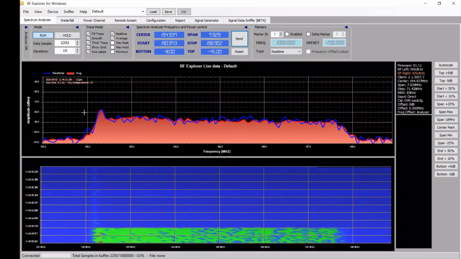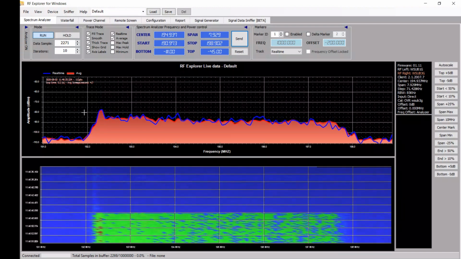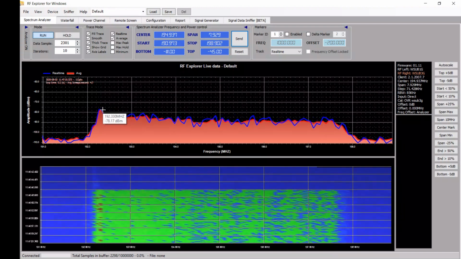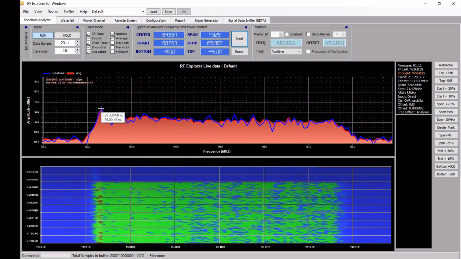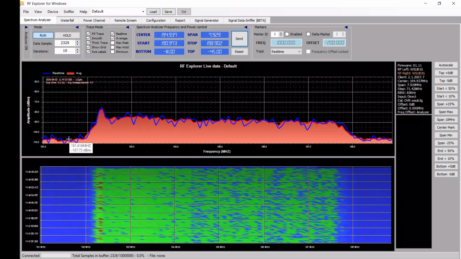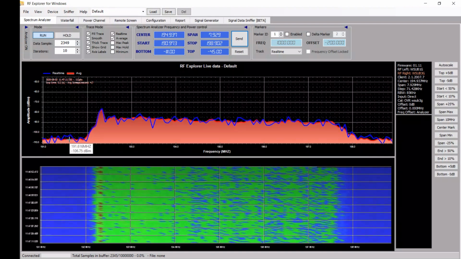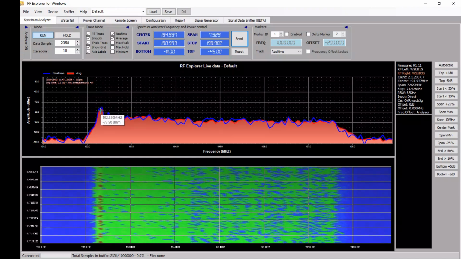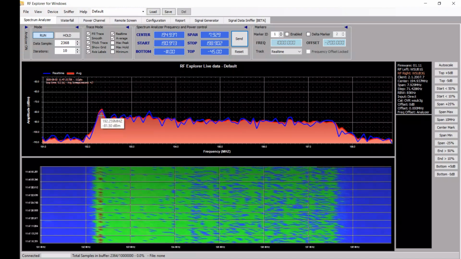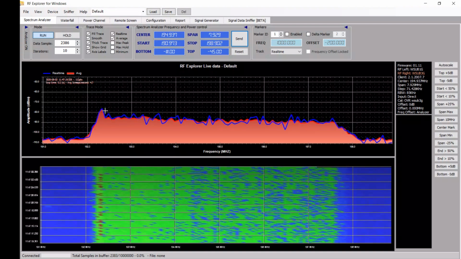All right, so now we have just the antenna connected. Again, signal levels are lower. If we check the beacon, we're at minus 76, 77 dBm, but the noise is lower. If we go down to the noise, we're at about minus 107 dBm. So we're still looking at the 30 dB signal to noise ratio that we were talking about earlier.